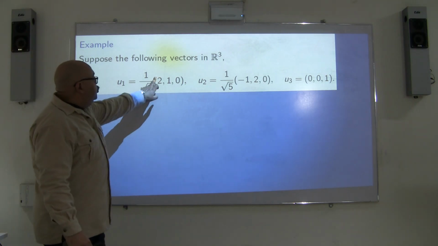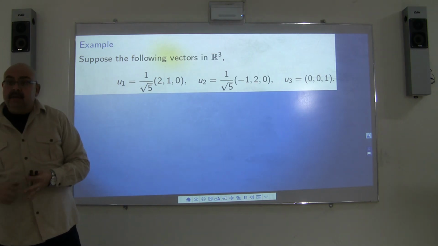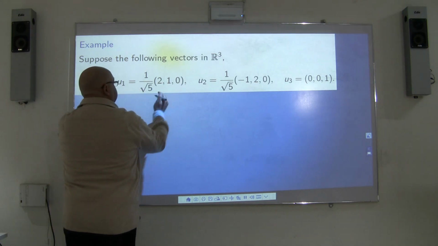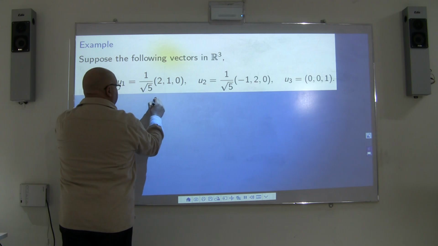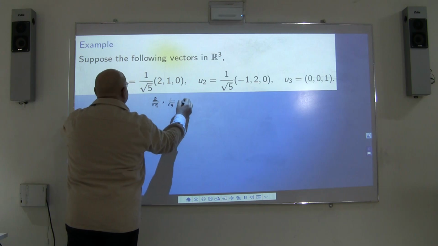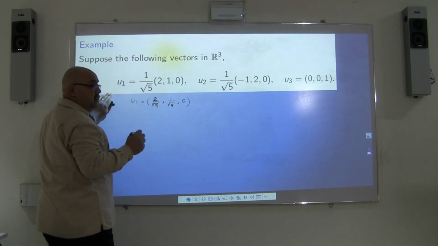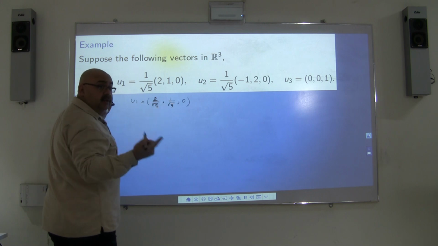It's going to be 2 over root 5, 1 over root 5, and that's U1. It's a unit vector. Why is it a unit vector?